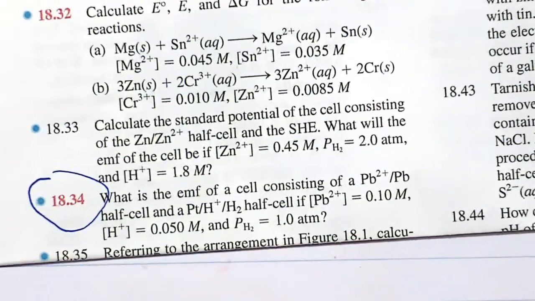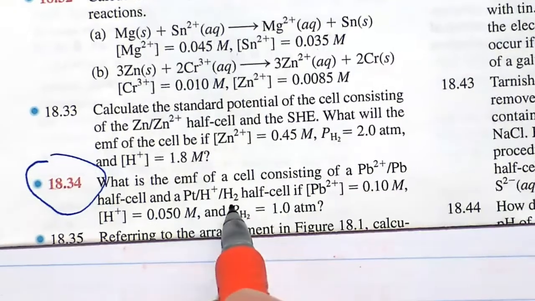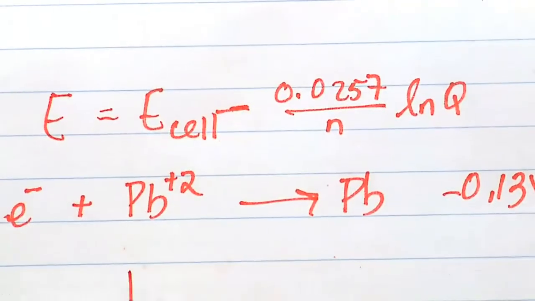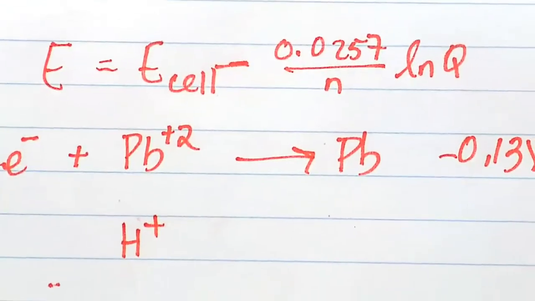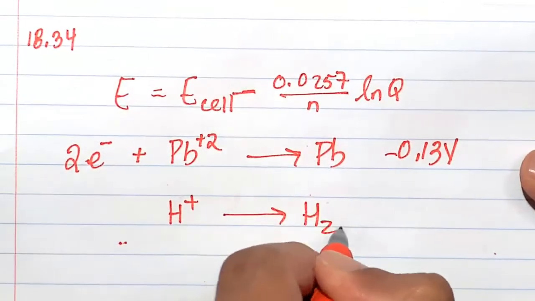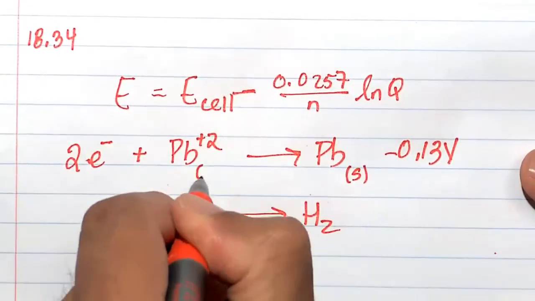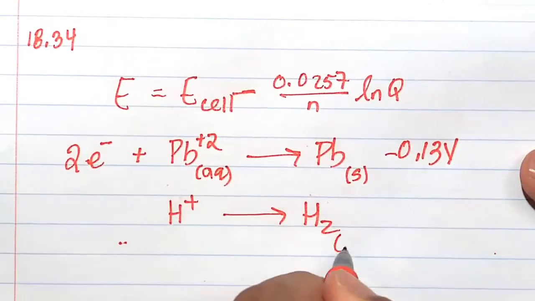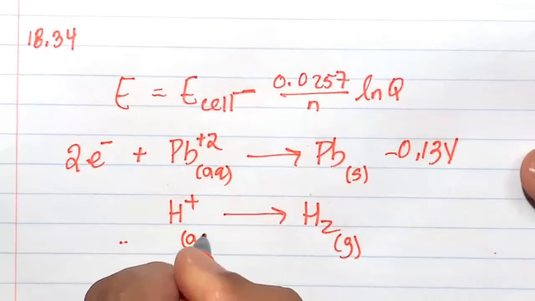And then what's the next part of our half cell? The next part is H+ going to H2 gas. If we want, we can put our states in just to be very thorough.